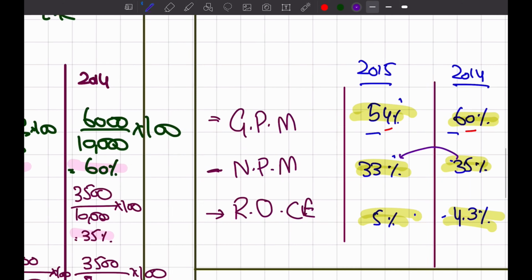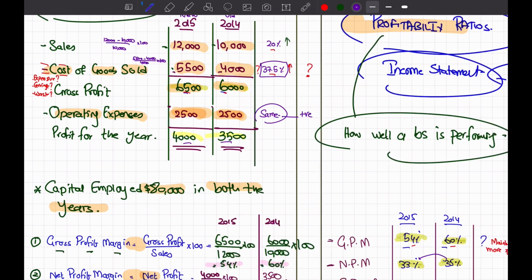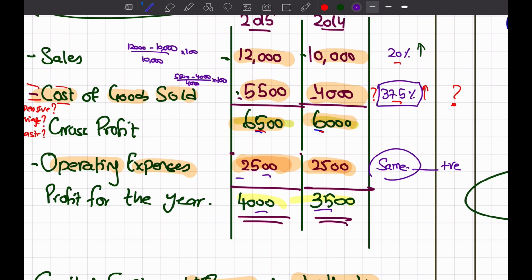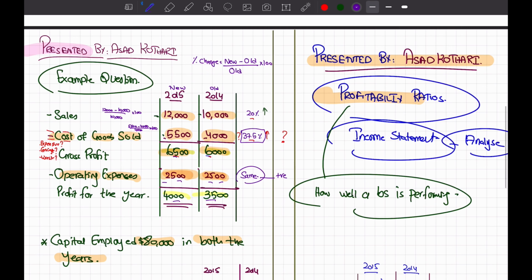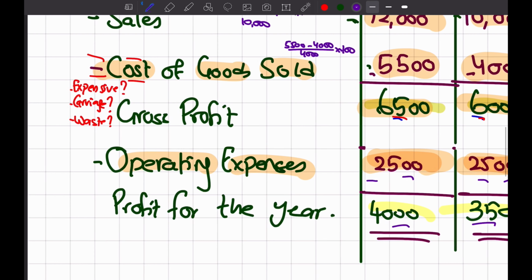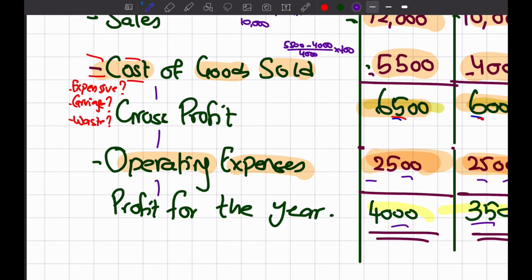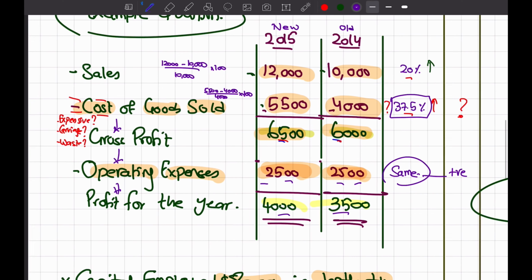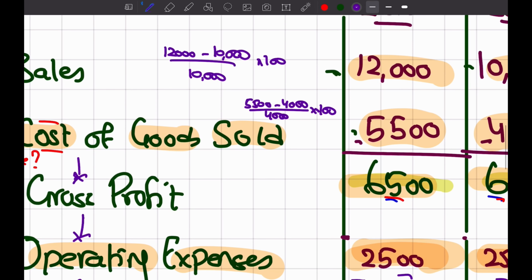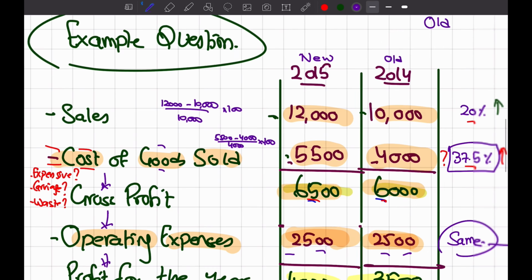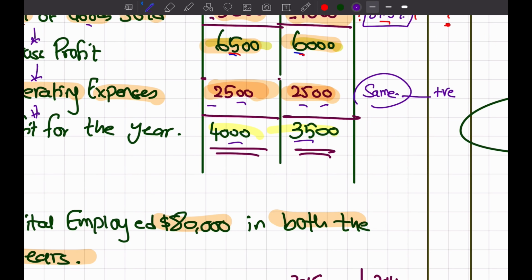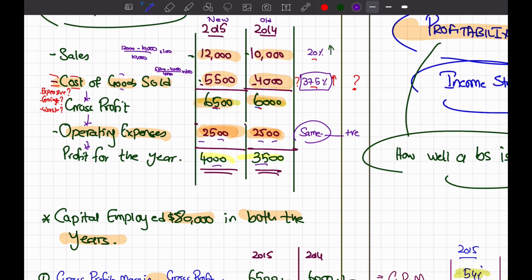Even though you were able to control your operating expenses, but क्योंकि आप कॉस्ट ऑफ गुड्स सोल्ड को कंट्रोल नहीं कर सके तो ऑब्वियसली इसका इम्पैक्ट अल्टीमेटली प्रॉफिट फॉर द ईयर तक पहुंच गया. If you would have controlled your cost of goods sold, then you might have earned a better profit for the year.